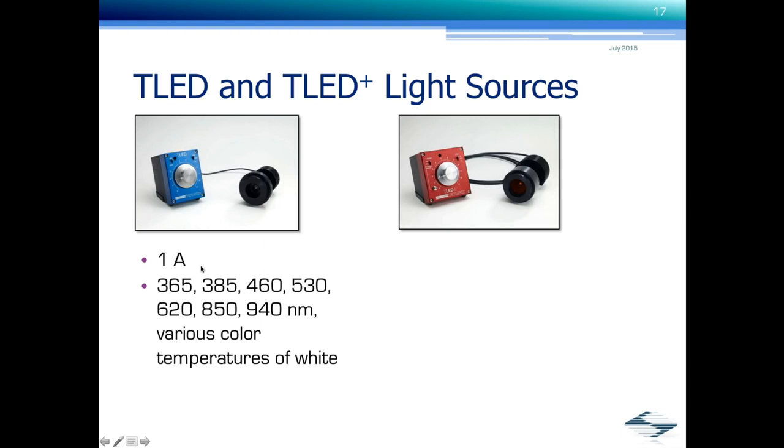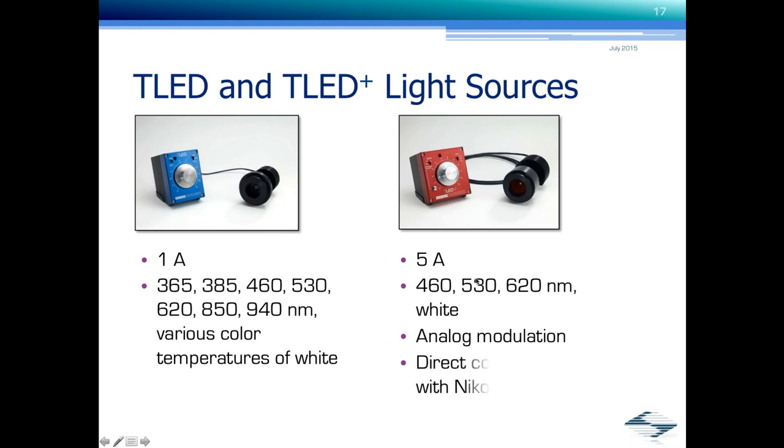Differences between the two: the TLED has a lower current output, 1 amp. It comes in various wavelengths and color temperatures, white temperatures. The TLED Plus has 5 amps, comes in fewer wavelengths. That's simply because of the availability of the LEDs.